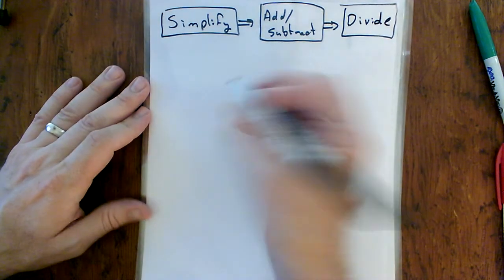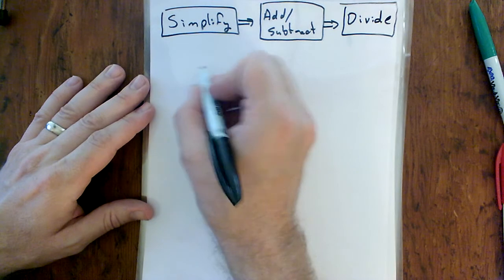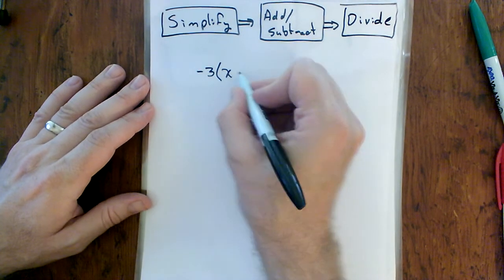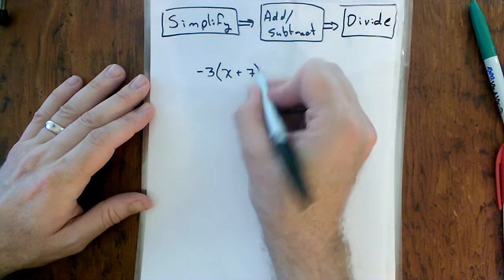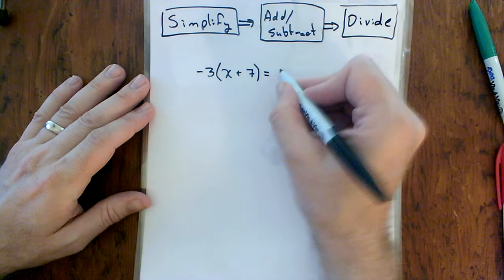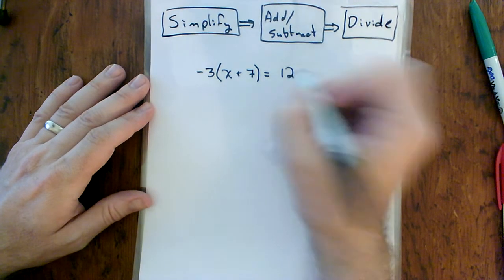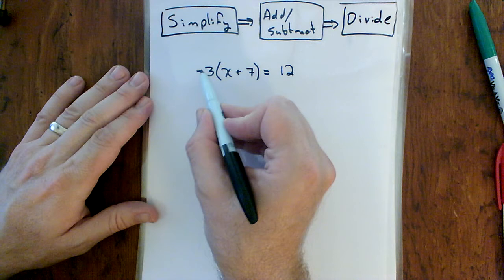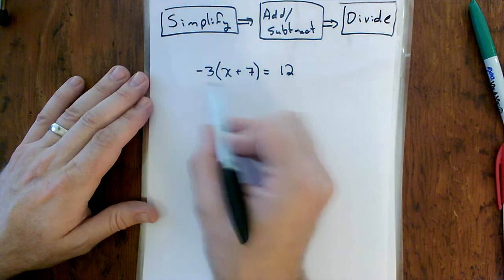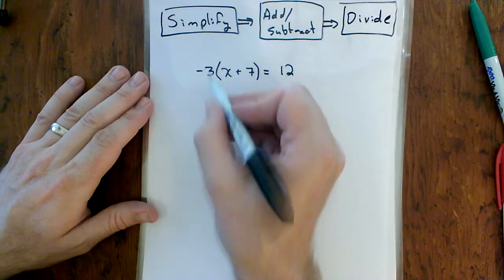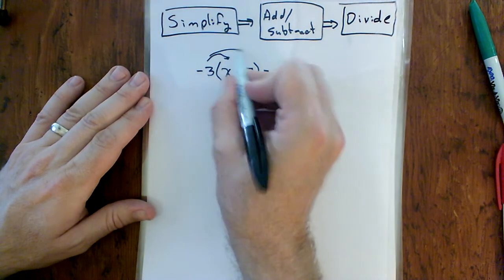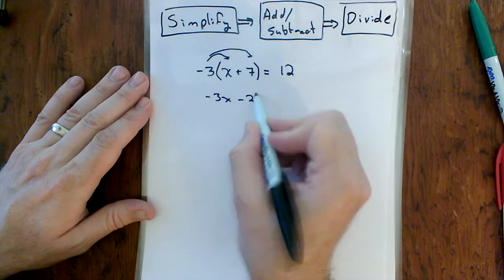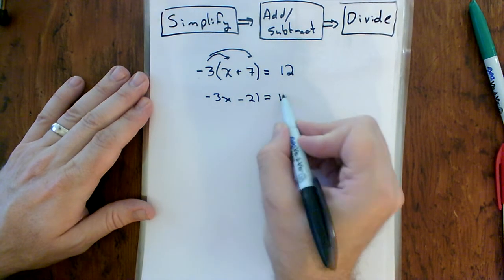So for example, if I were to do something like, say, -3 times (x plus 7) is equal to 12. To simplify, I would need to distribute this. I'd have to simplify each expression. So this is going to be -3x minus 21 is equal to our 12.